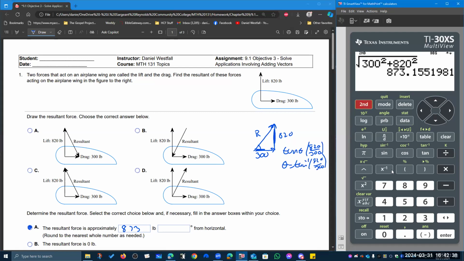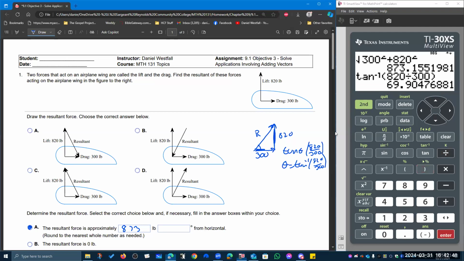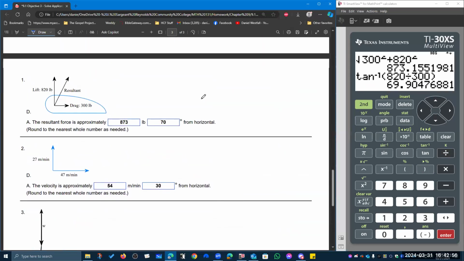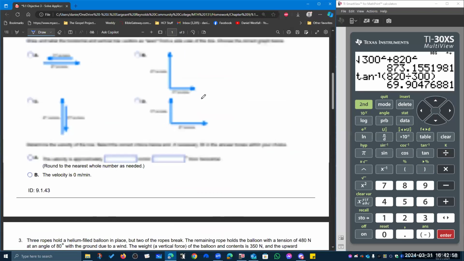Make sure you're in degree mode. And they told us to round to the nearest whole number, so that's going to be 70 degrees.